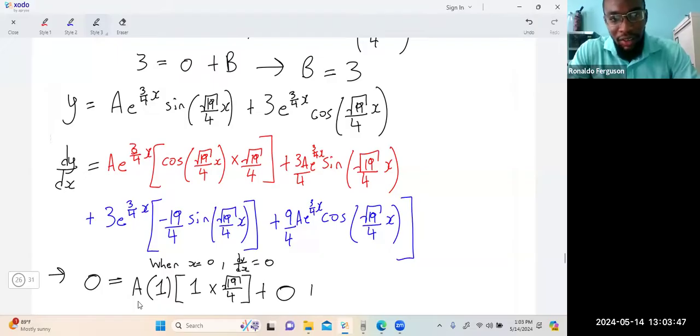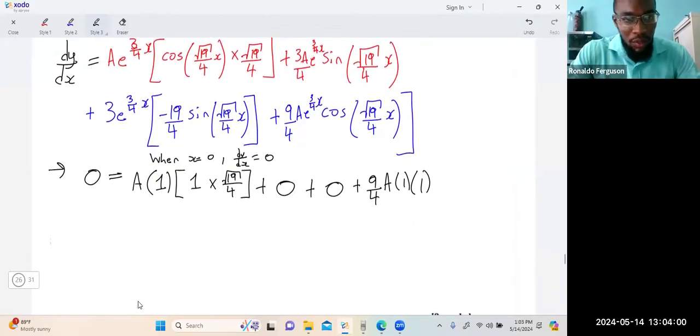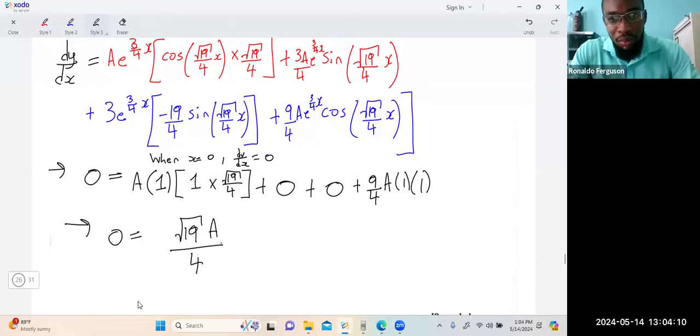And then the cos of 0 is 1, so we can have 9 over 4 a times 1 times 1. So which means that 0 equal, this is now root 19a over 4 plus 9 over 4a.